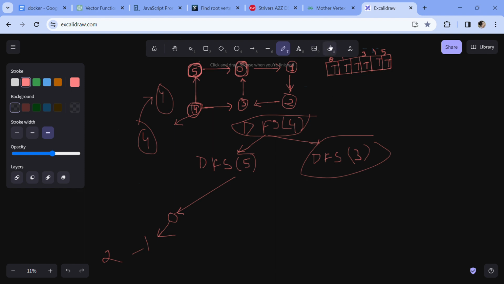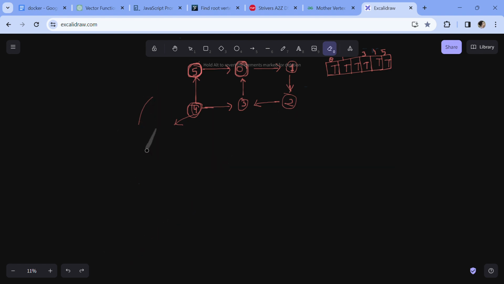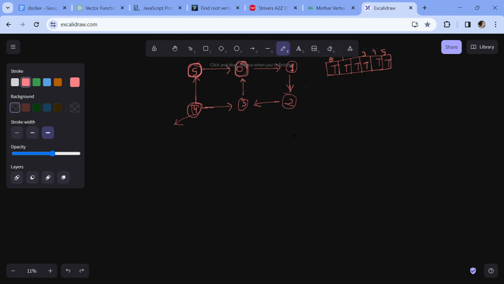So this is the simple logic. This will be the brute force approach, so let's discuss the time complexity for this approach. We will try to make DFS calls for every node.